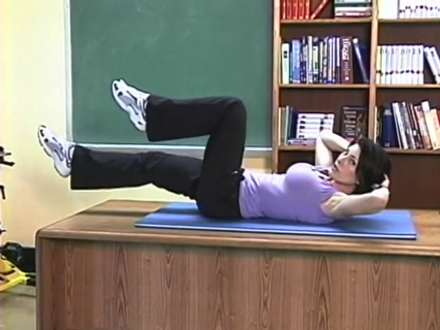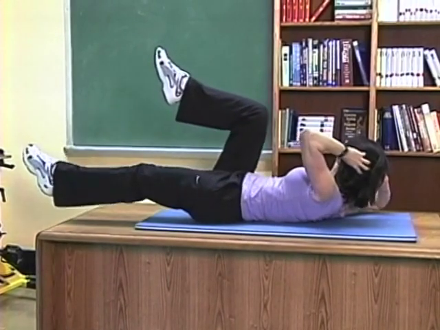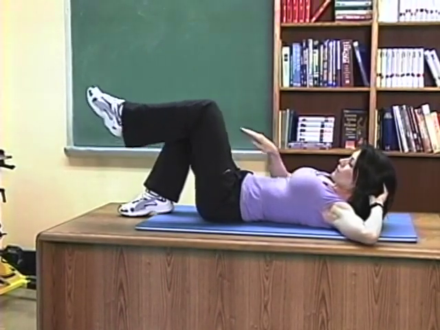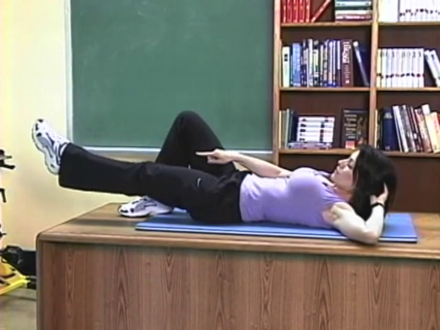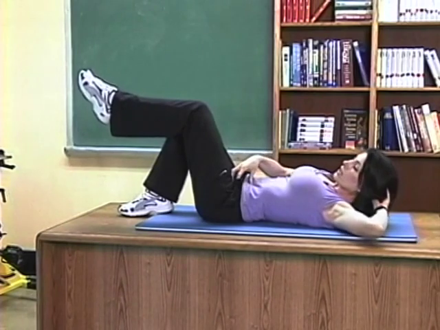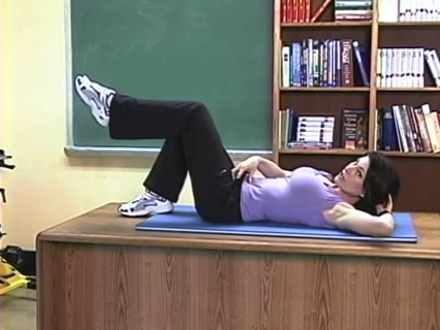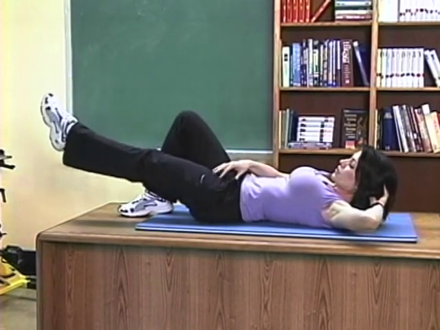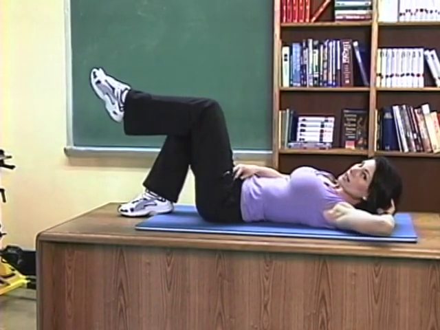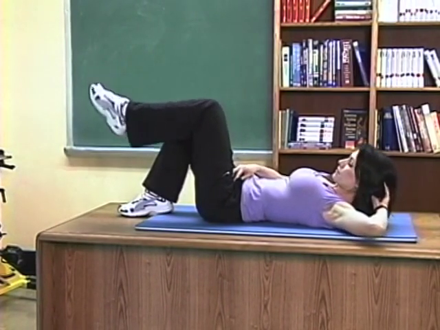The reason the iliopsoas is involved in this movement is because every time the leg moves away from the trunk and then moves back in, the iliopsoas is causing that action, eccentrically helping to lower the leg, concentrically contracting to help bring the leg back in.